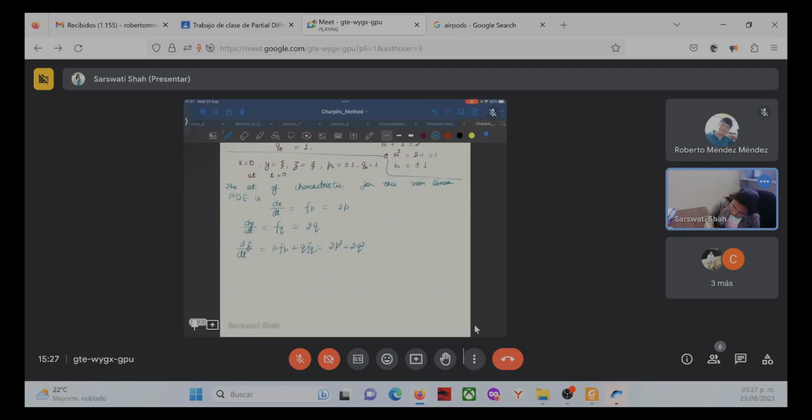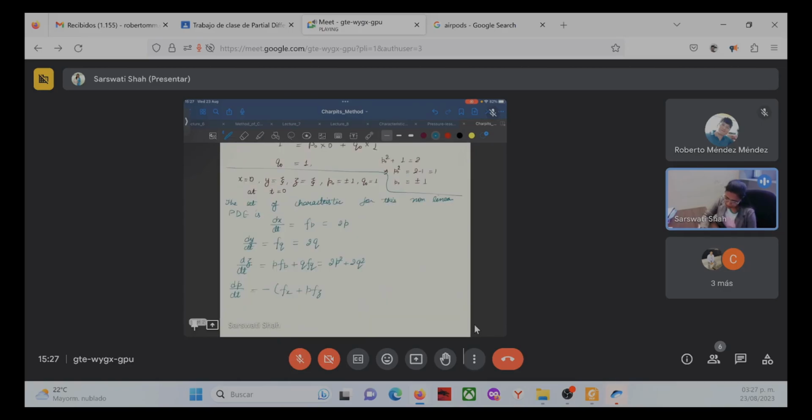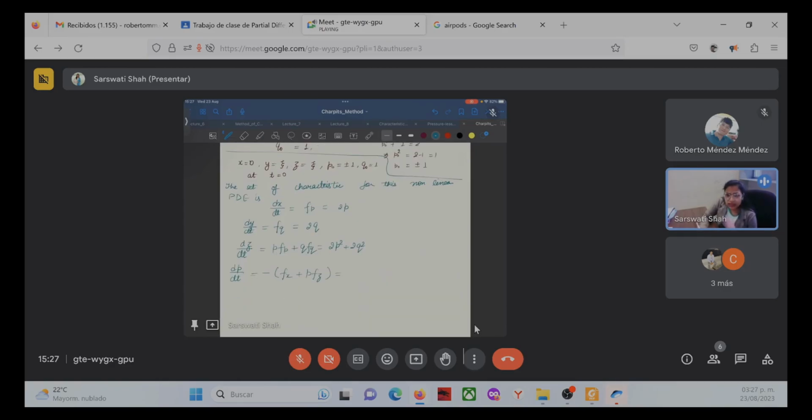Next, dp over dt equals minus F_x minus p F_z. Is there any z? I cannot see, so I think it is going to be 0. Is it? Please verify my calculation. I make a lot of mistakes. And dq over dt equals minus F_y minus q F_z.